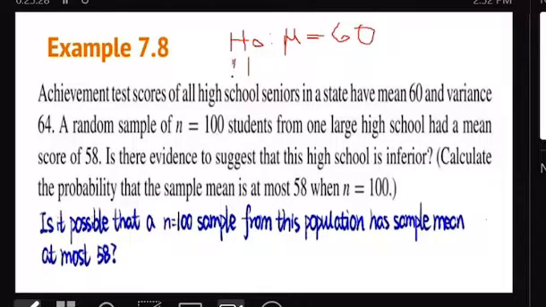Can somebody tell me, for extra credit, what is going to be the alternative hypothesis here?